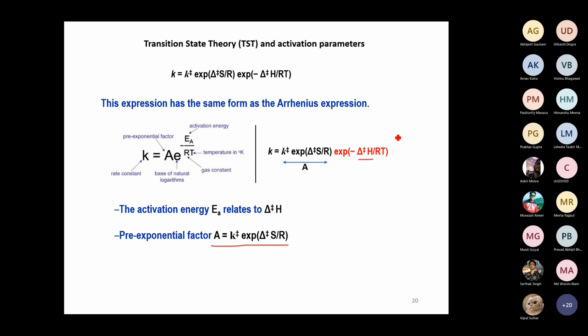So let's deduce. Whatever equation we deduced here, rate constant k equal to K_HS into e to the power del S by R into e to the power minus del H by RT. You can see here there are two parameters.